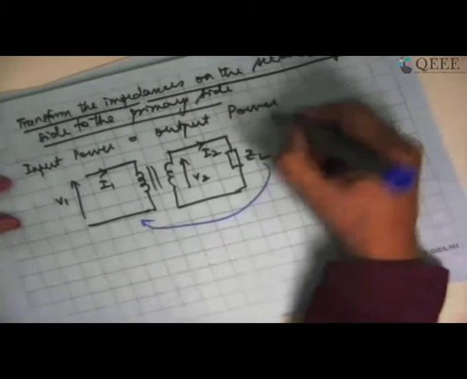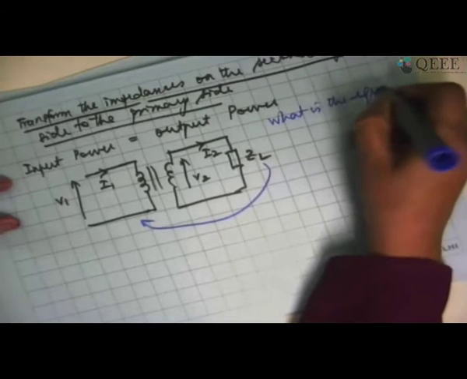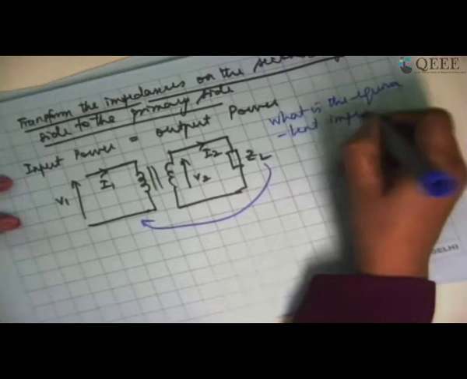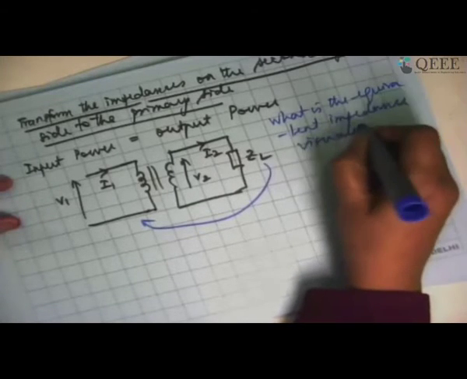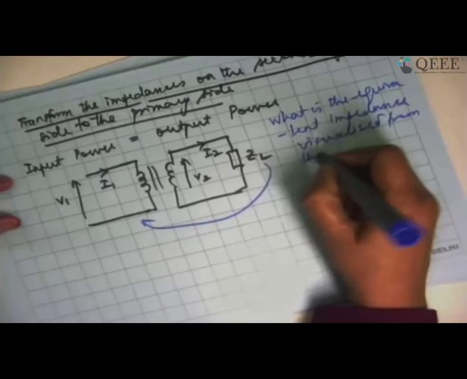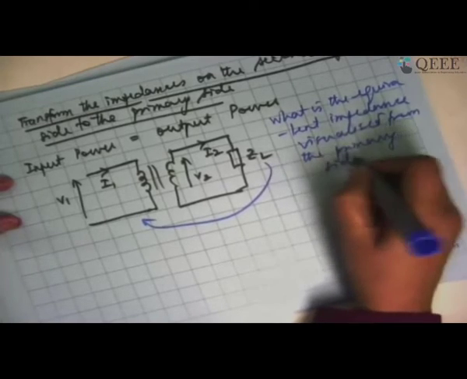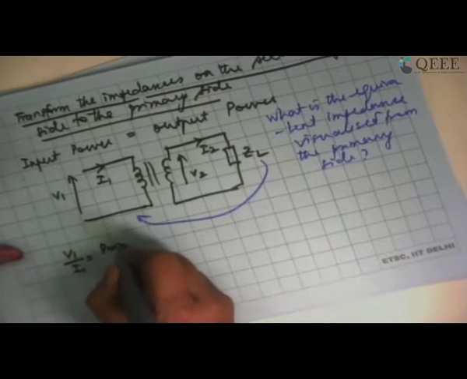What is the equivalent impedance visualized from the primary side? This is what we did in the last class, if you may recall. So what we did was that V1 by I1 is the primary side impedance.